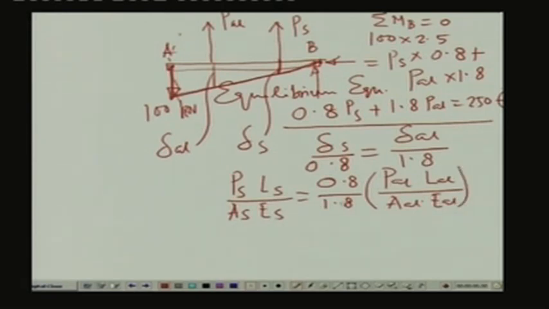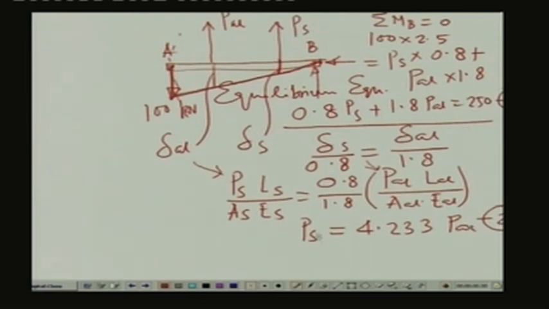And if we substitute these values, we get the relationship between the load Ps and the force P aluminum. Eventually, you will get Ps equals 4.233 P aluminum. So, this is the second equation. Now, from these two equations, 1 and 2, we can solve for Ps and P aluminum.